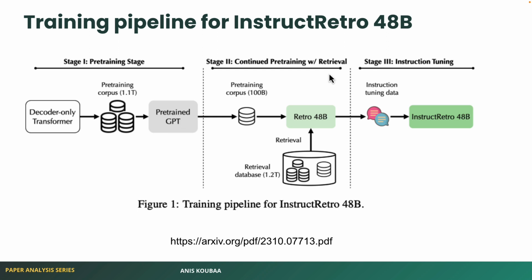Then, instead of doing the instruction fine-tuning as we used to do before, stage 2 is going to use pre-training again, but on a smaller corpus with only 100 billion tokens, like in this paper. And the pre-trained model, which is Retro 48B, is also going to retrieve information from databases during the training.